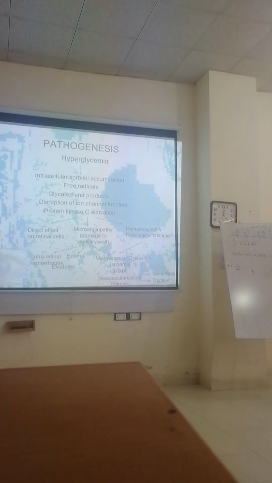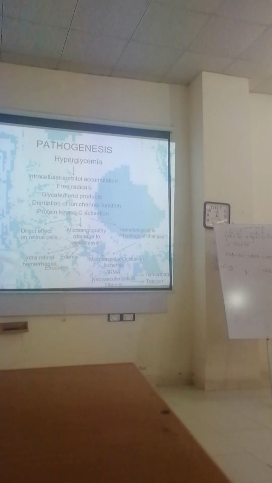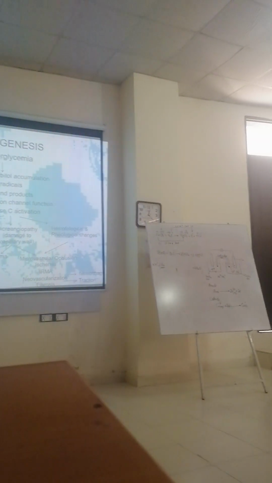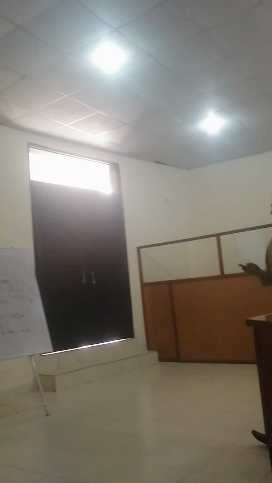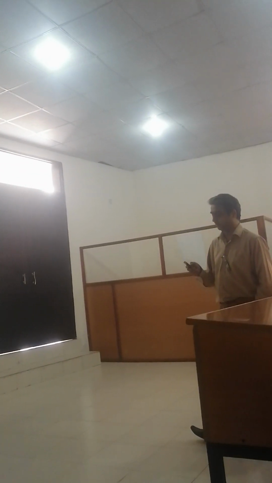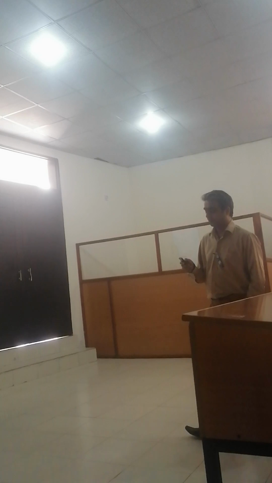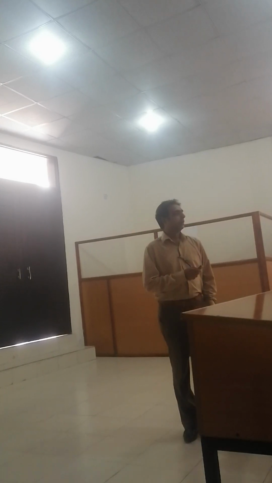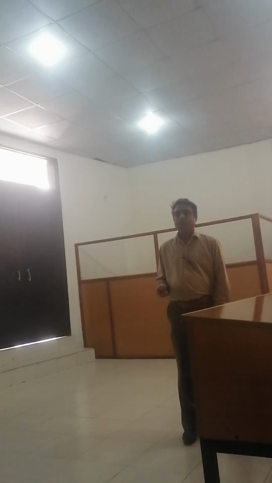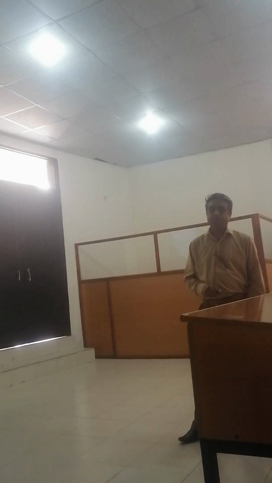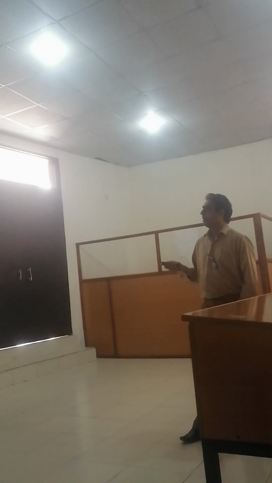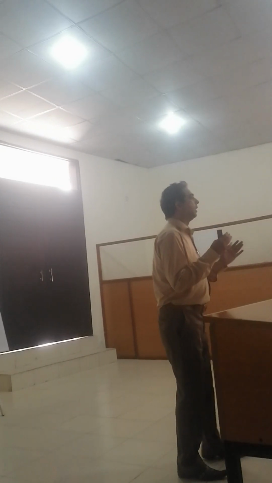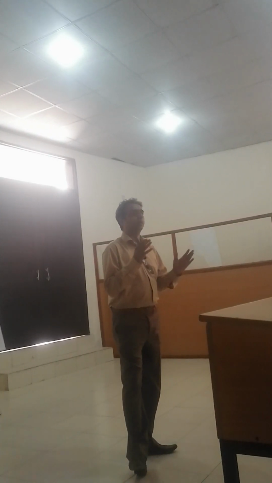So, what is the pathogenesis of diabetic retinopathy? Try to understand this important mechanism, how it affects the diabetes. Before going to the slide, let me tell you in simple words.